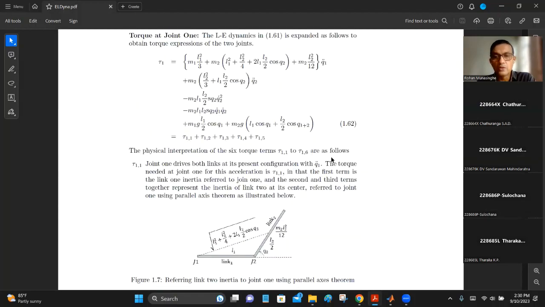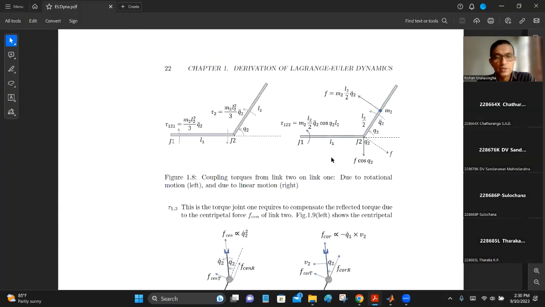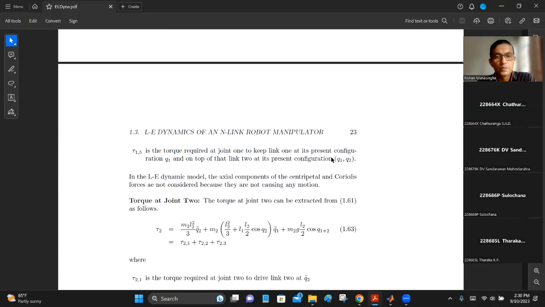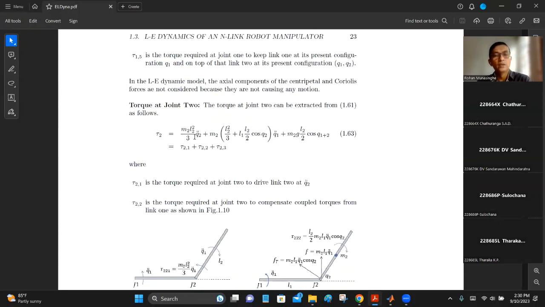So let's go back to the equation and break it down. There you are, right? The gravity term is pretty simple. What about these other terms? The first term is because of the inertia. Of course, if you want to drive any link with a certain angular acceleration, you have to produce this torque, inertia times angular acceleration.